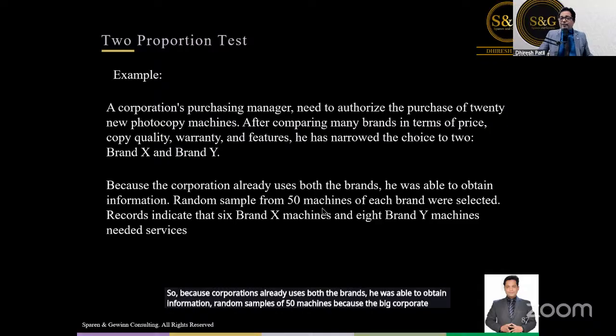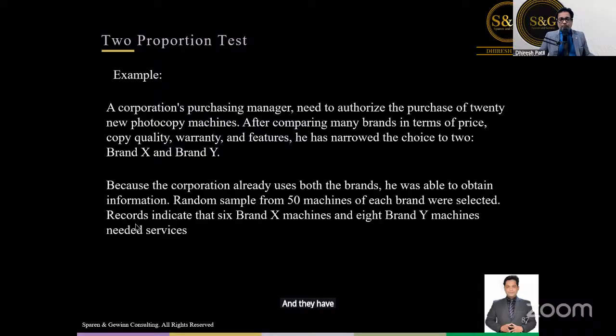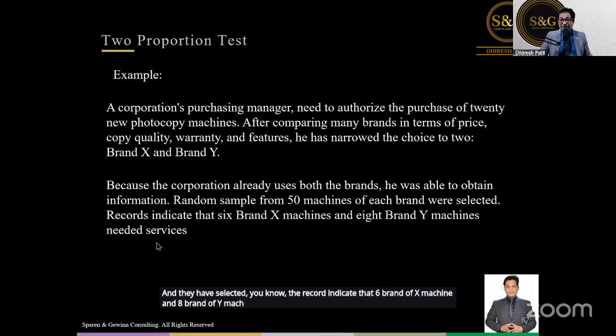The records indicate that 6 machines of brand X and 8 machines of brand Y need service.